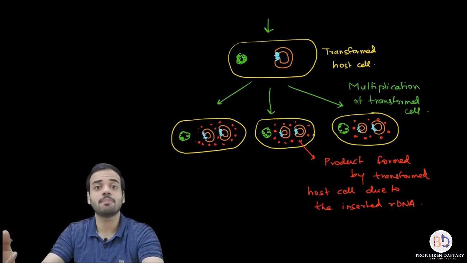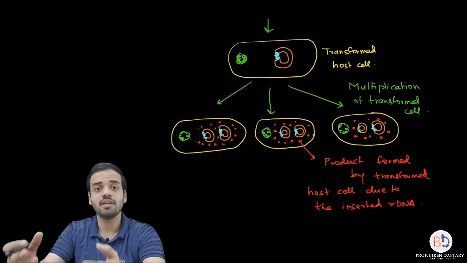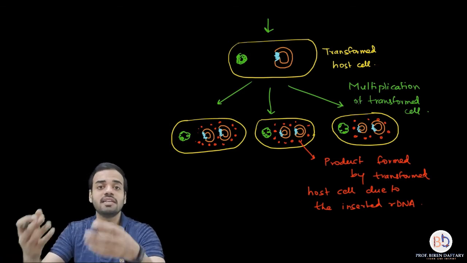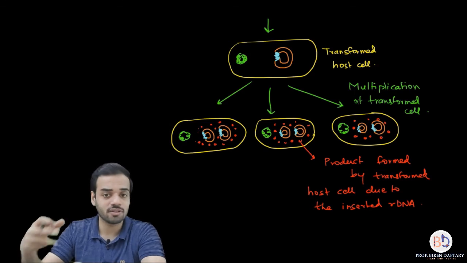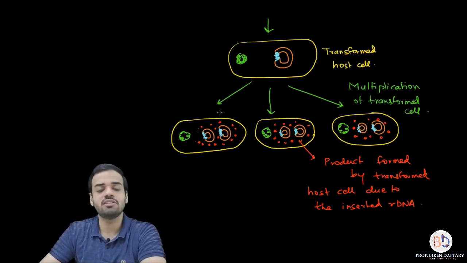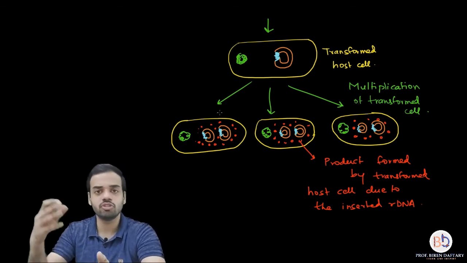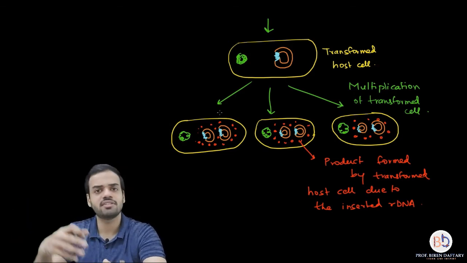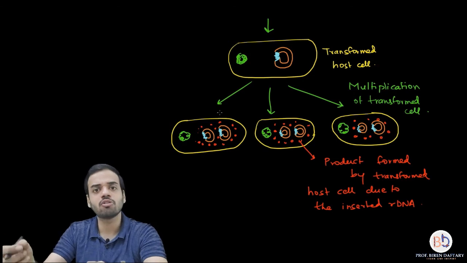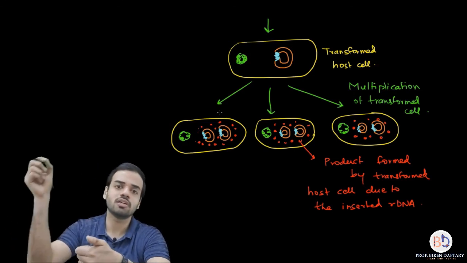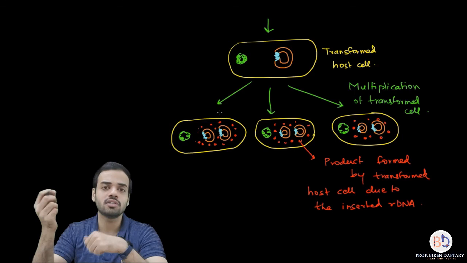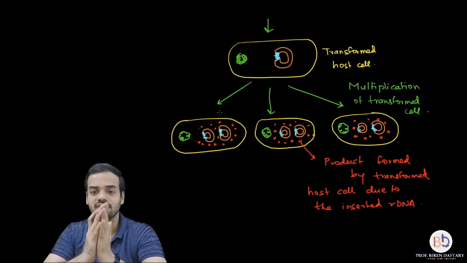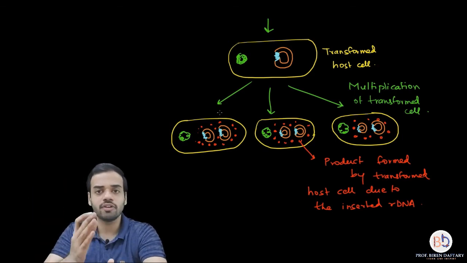They will multiply, plasmids inside them will multiply, and the genes will multiply. Each gene will undergo transcription, translation, form the product, and depending on the gene the product will be formed. If you want vitamins, use one gene. If you want antibiotics, use another gene. If you want organic acids, use any other gene. So depending on what final product you want, you use the original required gene. Is this clear? So that is the end of recombinant DNA technology.